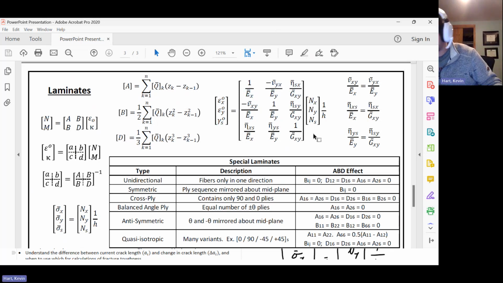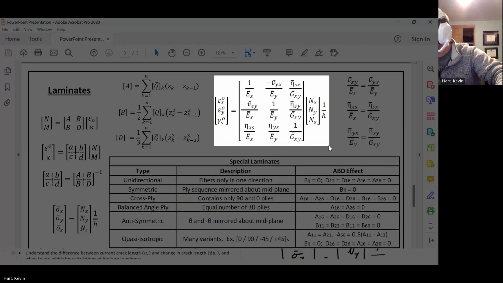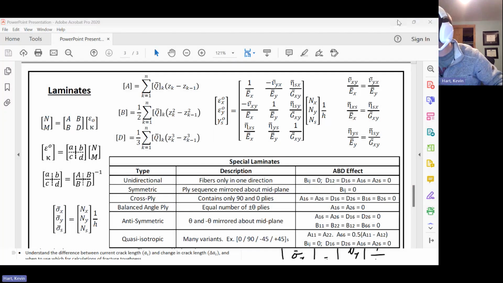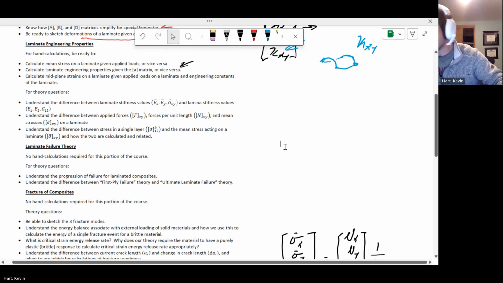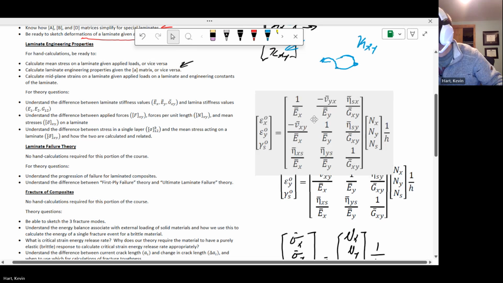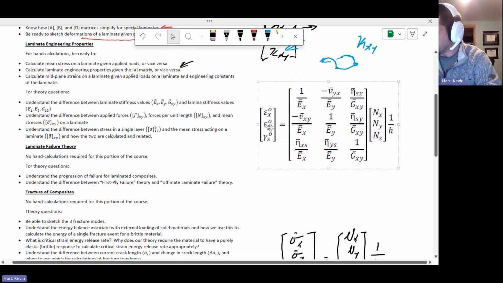So I don't know if I can straight up copy this, but I can print screen this guy. Okay, and bring this in. So here, strain is equal to something times loads per length times 1 on h.